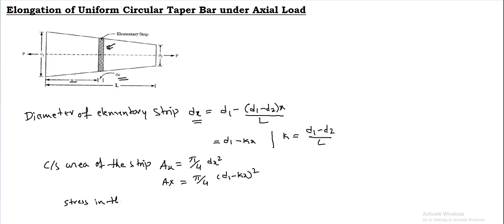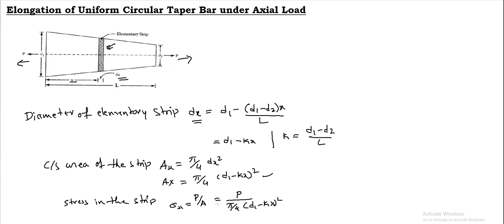Stress in the strip. So what is stress? Stress is sigma, the notation we usually use, and stress is nothing but load by area, right? P is nothing but P itself, since either end is acted on by the P load, and A is the cross section area of an elementary strip, that is pi by 4 D1 minus kx whole square.